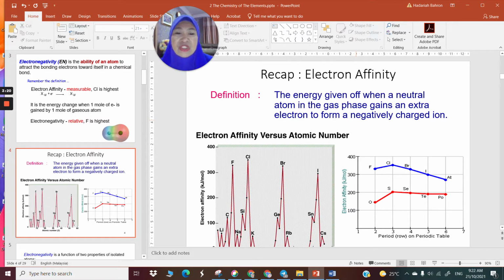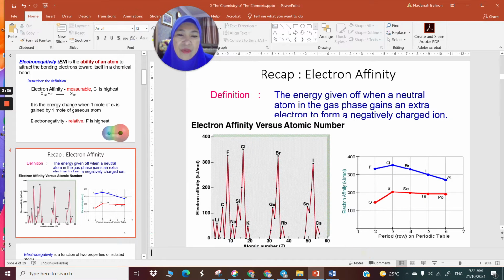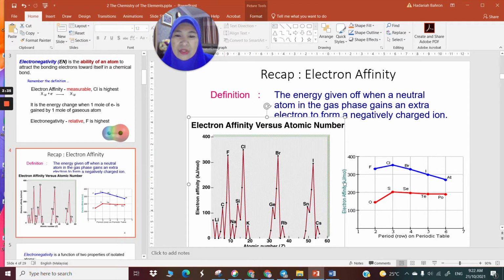So that is the definition of electron affinity. And if you recall from my previous lecture, this is what the trend of electron affinity versus atomic number looks like. You can see that all the elements in group 7 have the highest electron affinity, but among them, chlorine has the highest value.